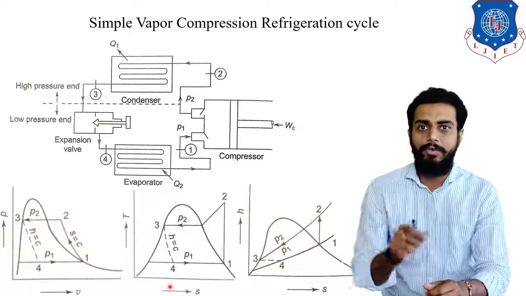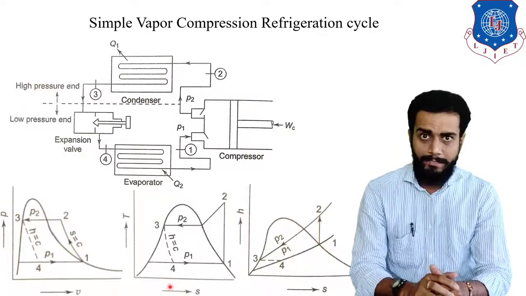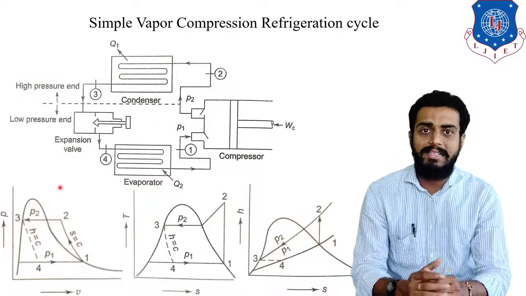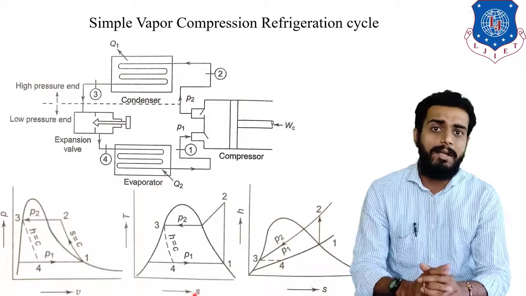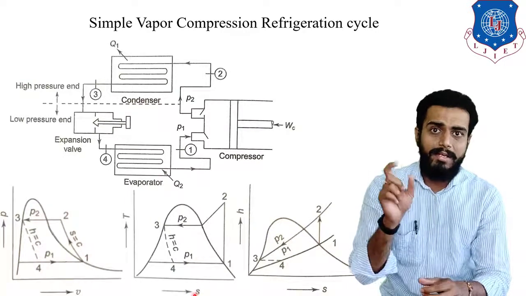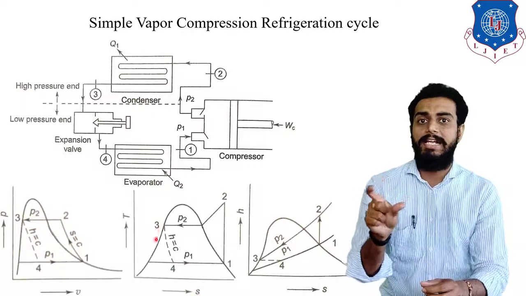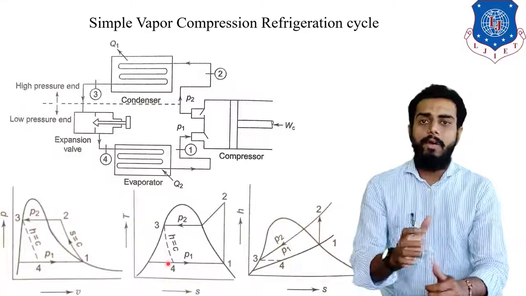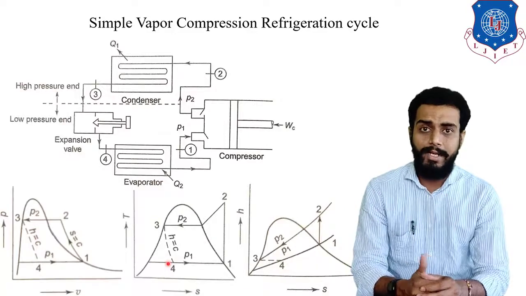So that is why 3 to 4 is joined by a simple dotted line, just for your understanding. Clear? See, this is known as property diagrams, PV, TS and HS diagram, and property diagrams are having reversible processes only. But this particular process is not reversible. That is why it is identified by or joined by a dotted line. Clear, students?